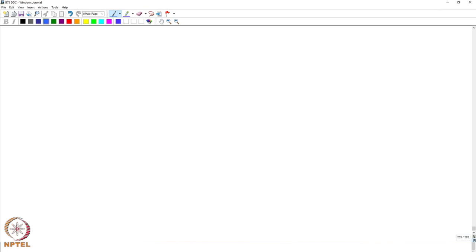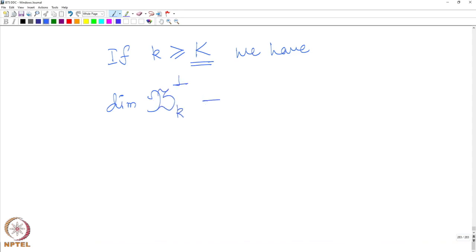So if k is bigger than or equal to capital K, then we have the dimension of B_k^pub equal to (k+1) times p minus m0 minus m1 minus dot dot dot minus mk, but mk is 0 for k bigger than or equal to capital K. So I have summed it up for all.